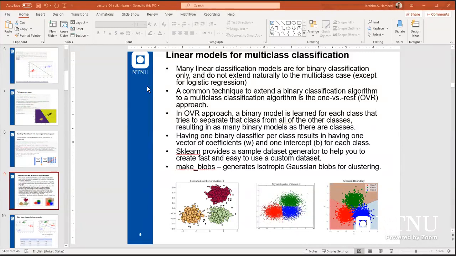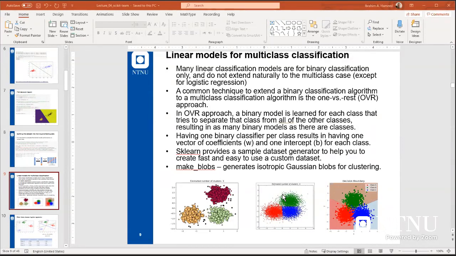For example, in our example here, we have 3 classes. Maybe one is green, one is blue, and one is red. We will generate one model for the red class to correctly classify the red class against the rest.